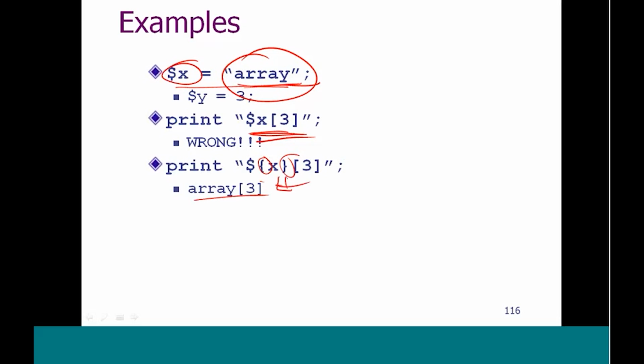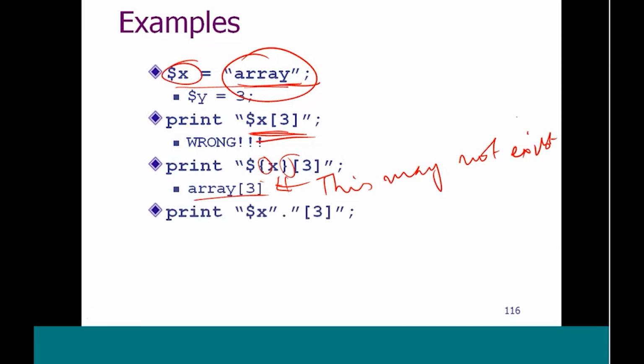So again, it's printing as element 3, even though this may not exist. The other way to do it is literal x concatenated with the colon index. So that also prints out the same array number 3.